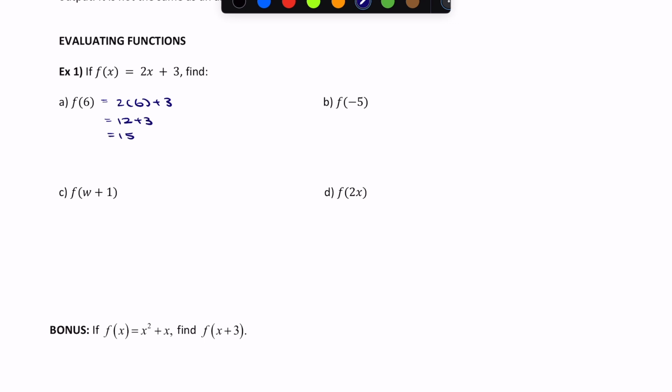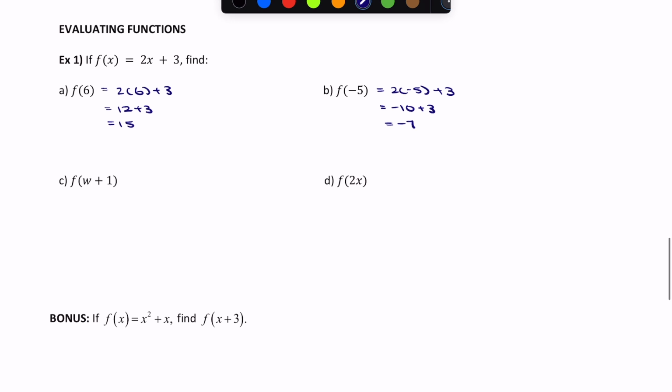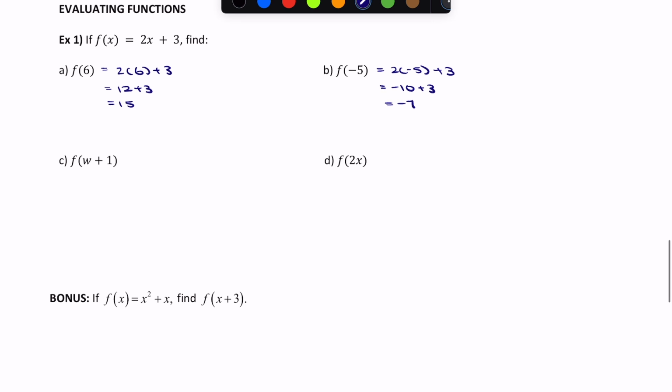Here, wherever x is, we're going to sub in -5, so 2 times -5 plus 3, which is equal to -10 plus 3 equal to -7. Here, for every value that is x, we're going to sub in w plus 1. Here will be 2 times w plus 1, plus 3.